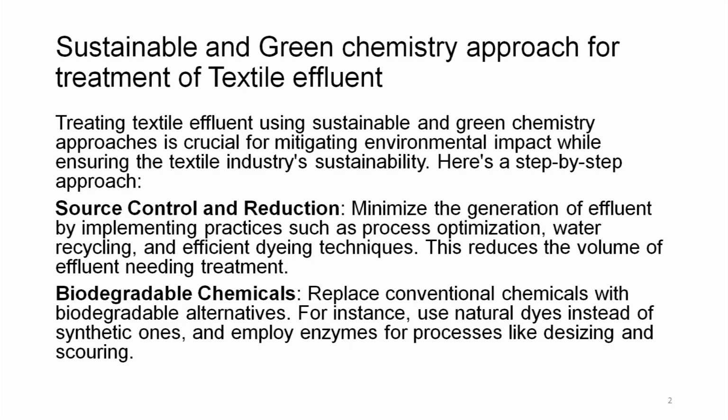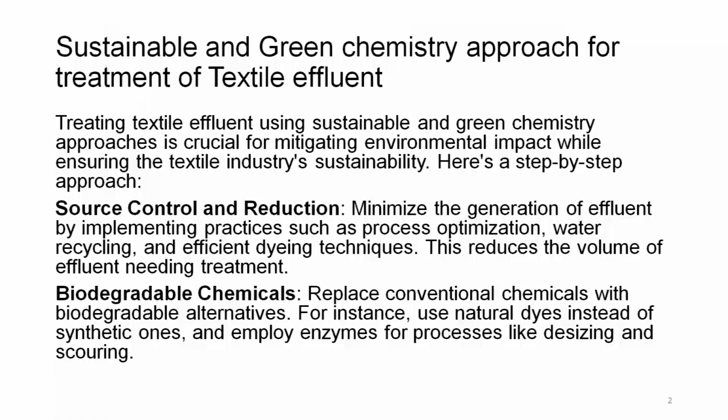Source control and reduction. In the previous lecture also, we were talking about source control and reduction. Minimize the generation of effluent by implementing practices such as process optimization, water recycling and efficient dyeing techniques. This reduces the volume of effluent needing treatment.